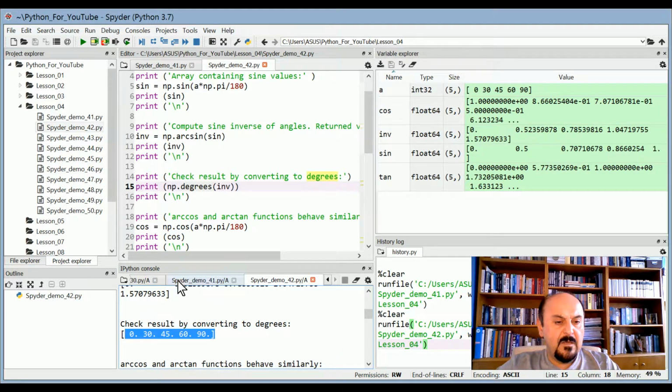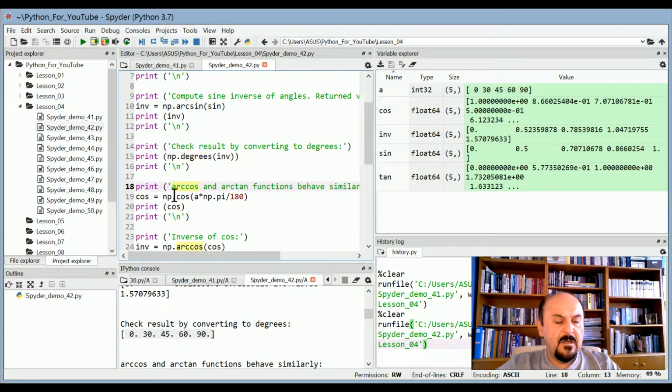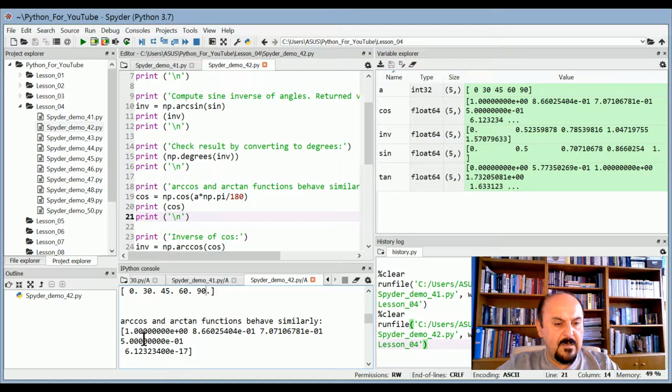Okay, and after that, I said the arc-cosine and arc-tangent functions behave similarly, so I do that job manually by multiplying by pi and dividing by 180, and like this I get this, which corresponds to 1, and this corresponds to 0.